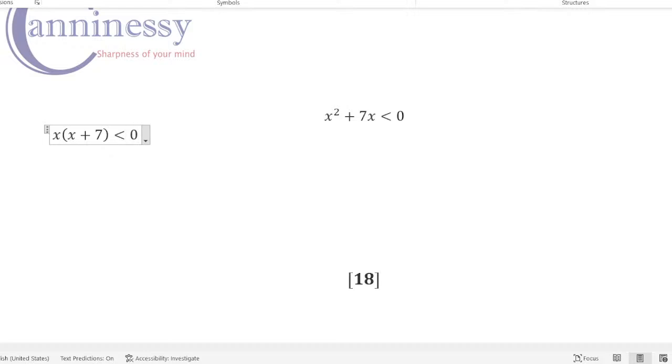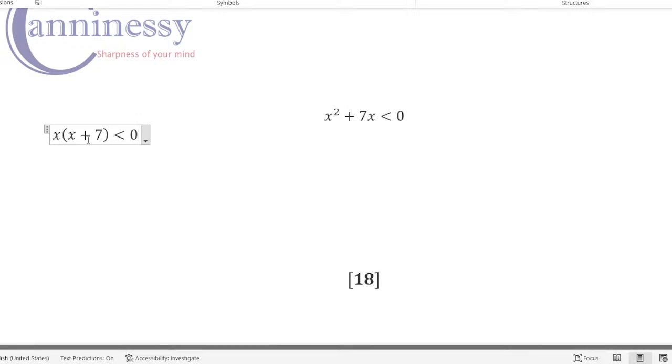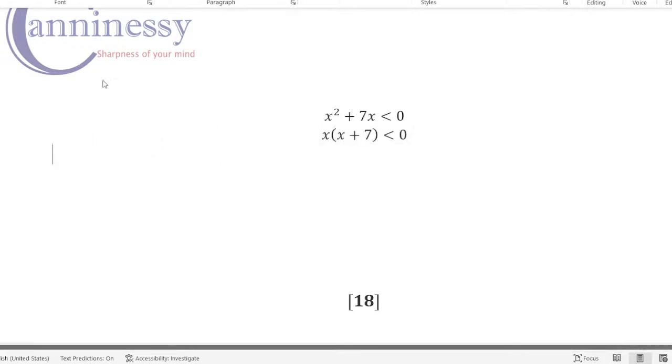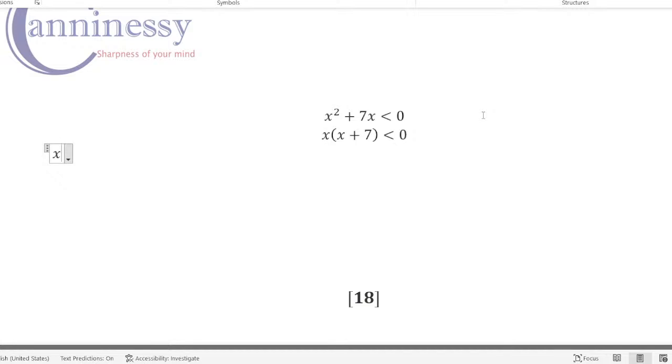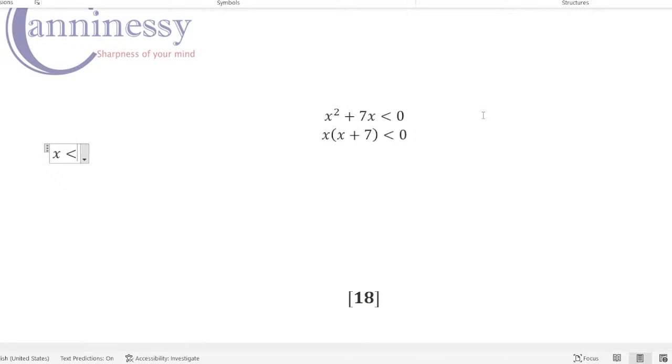Then, you can see this is an inequality. So we would say x is less than 0 but greater than 7.